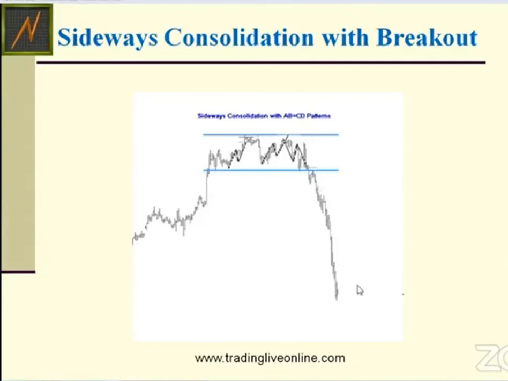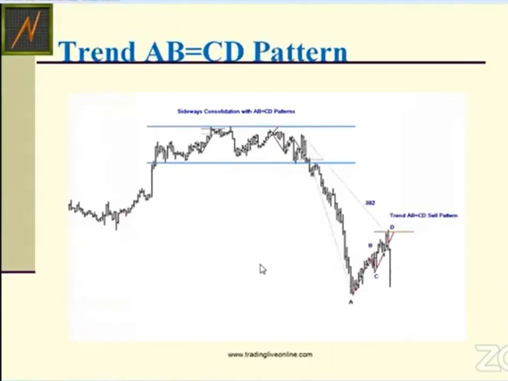Now on this, when I wrote my notes and did this chart, I wrote in my notes that it has not formed an AB equals CD yet, but it will. Well, let's take a look at the next chart. This morning, off the open, this includes the Globex session, 60-minute ABCD sell pattern.